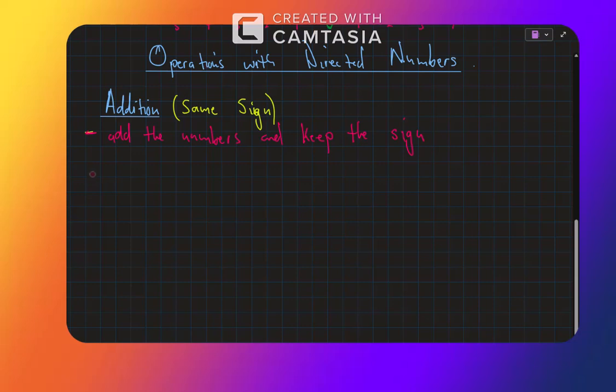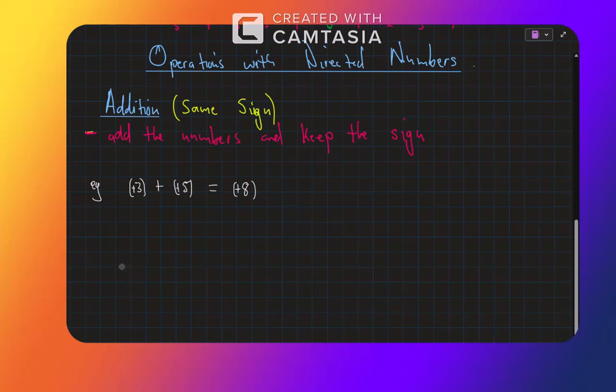For example, let's say you have 3 plus 5. If a number doesn't have a sign showing in front of it, it means that number is positive. So it's like +3 plus +5. You just add the numbers, 3 plus 5 gives 8, and you keep the sign, which is +8.